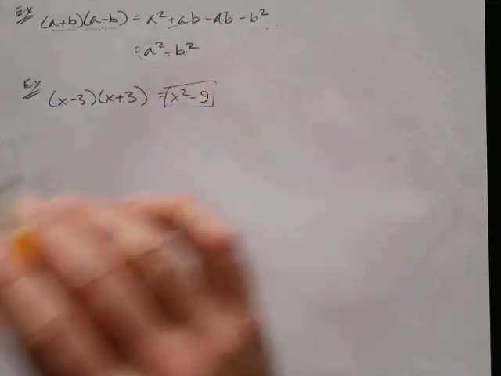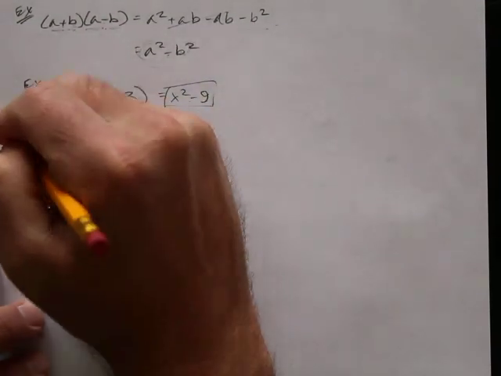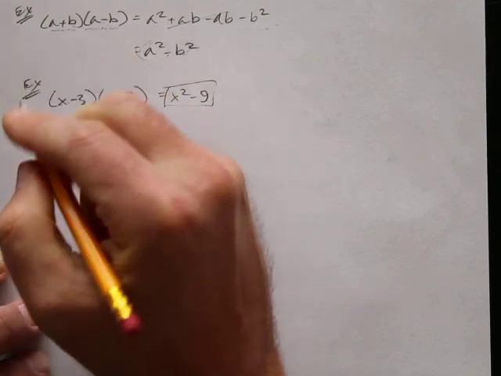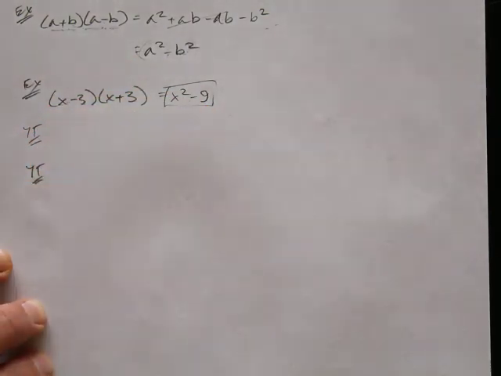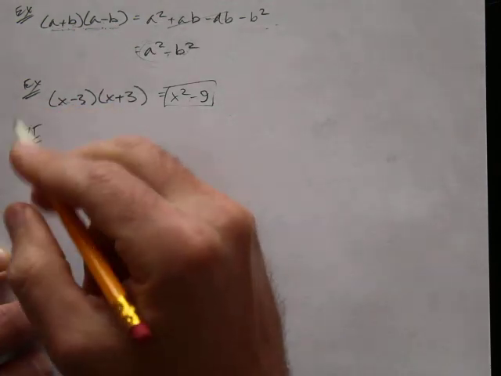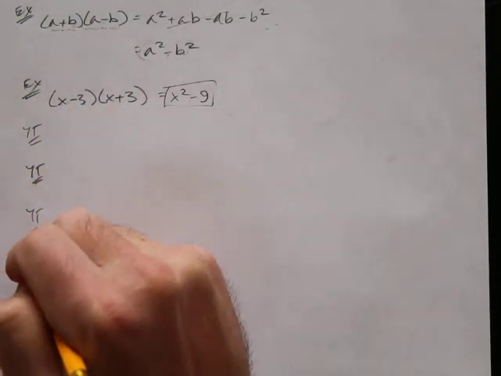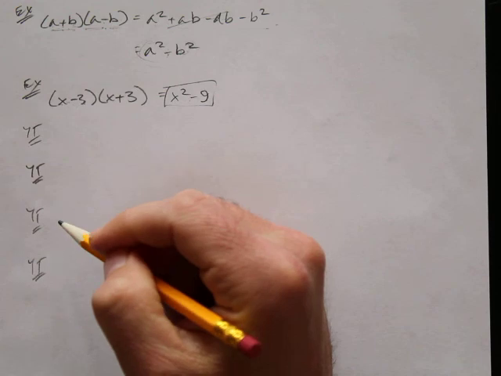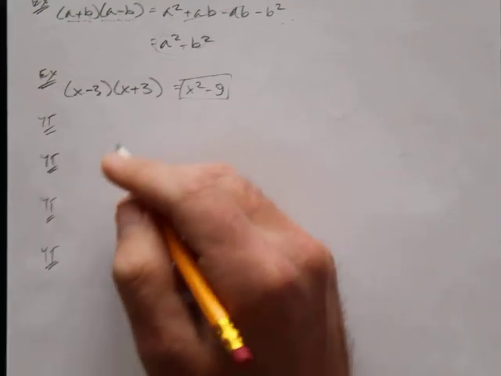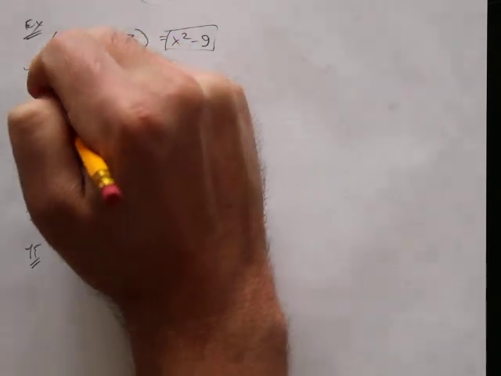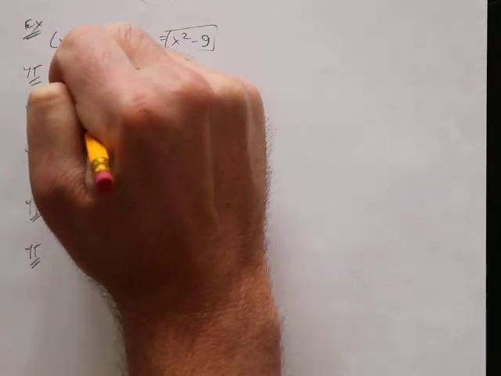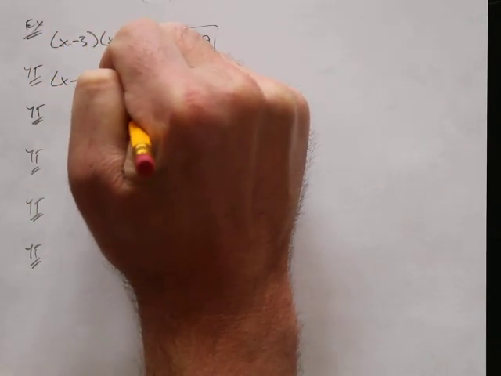All right, I've got a bunch of these for you to do on your own. I've got five of them. First one, x minus 5 times x plus 5.